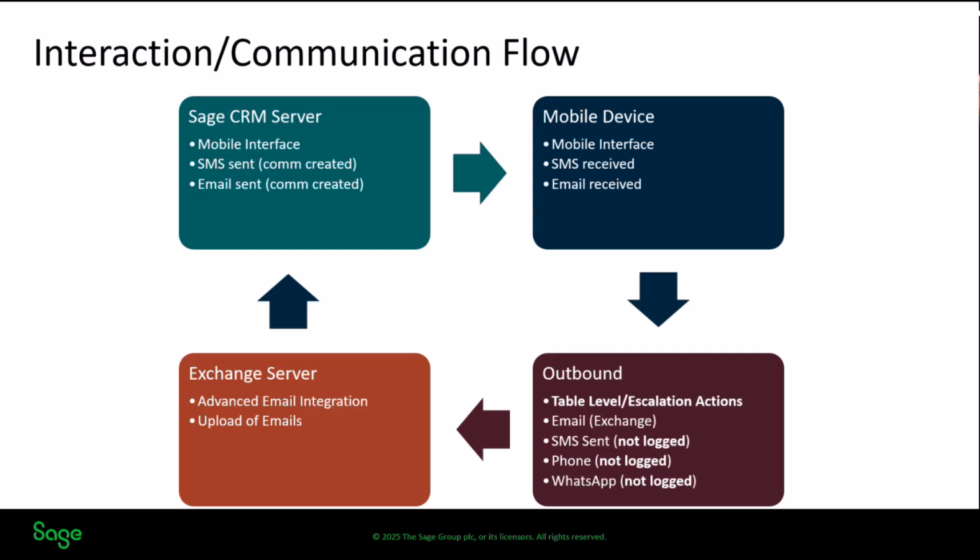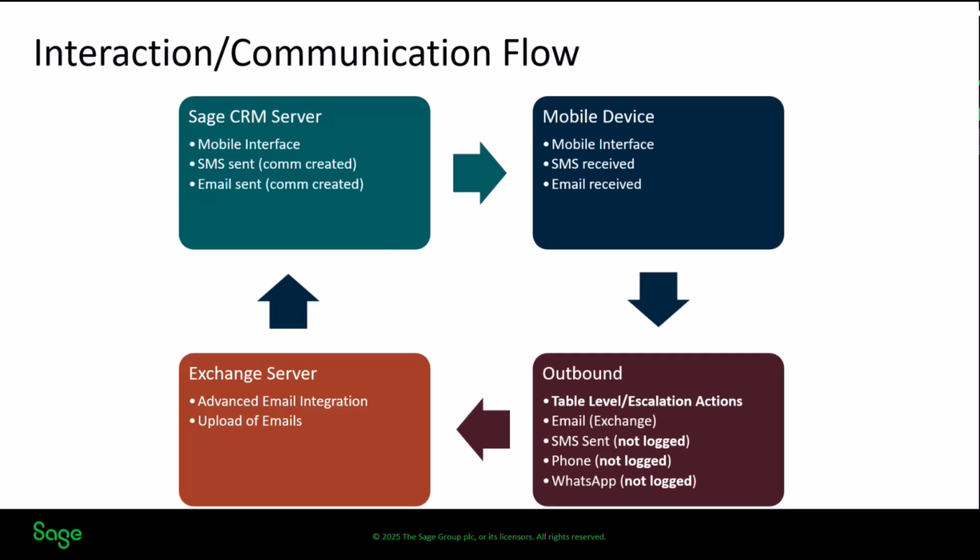If we think about what happens within our browser, we have our mobile web page, we receive SMS alerts, we receive emails within the phone, but then we need to think about how we can interact with those and generate our own outbound messages and communications.